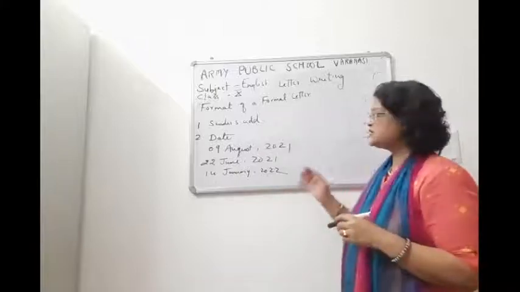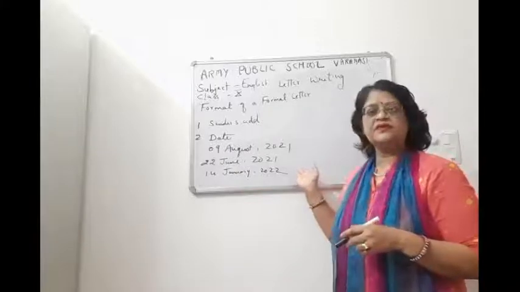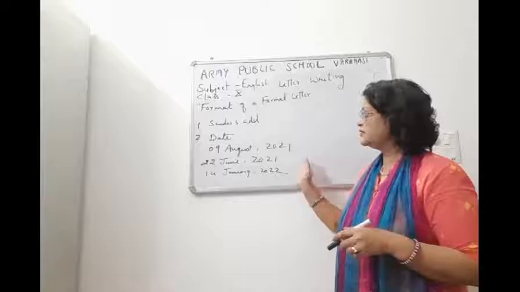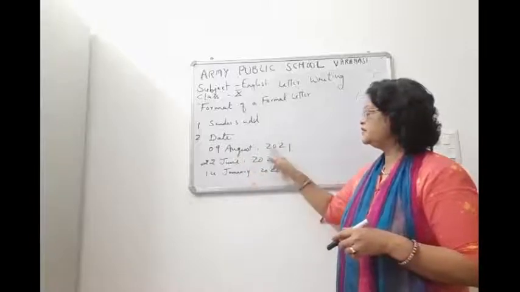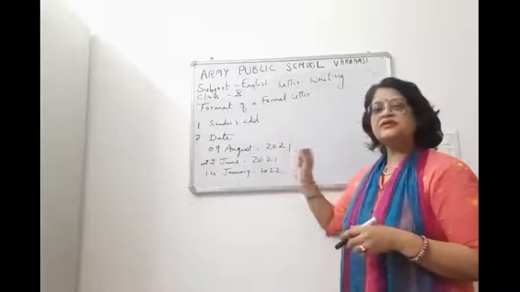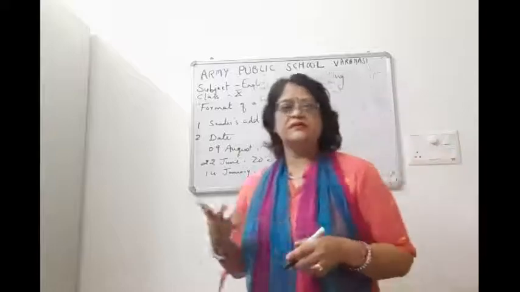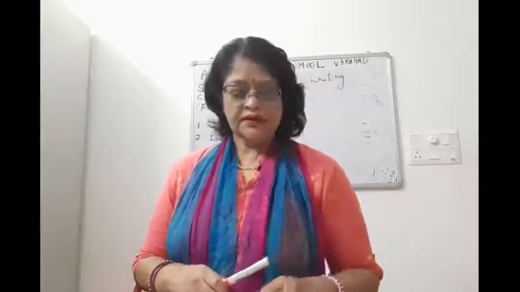Okay, so in this way we write date. You can see the month, the year. Here children, a small comma is there with the date.